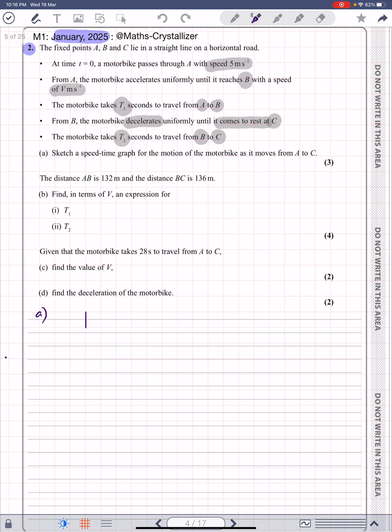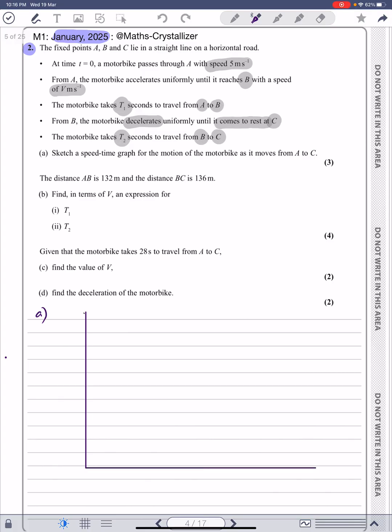we just draw the axis of the speed time graph. Better, of course, by labeling. So this is V, the speed in meters per second. The x-axis is t in seconds.